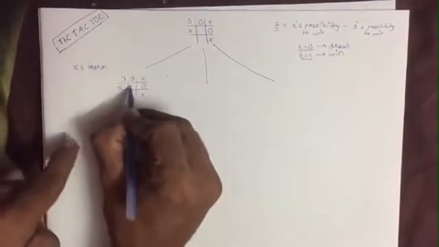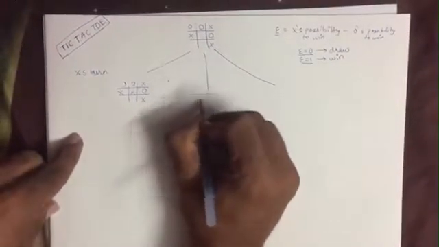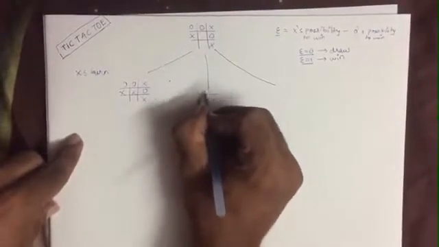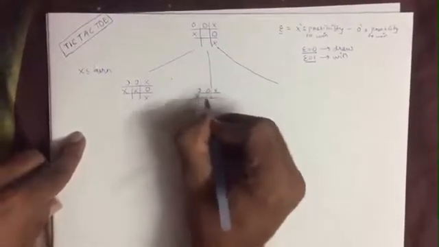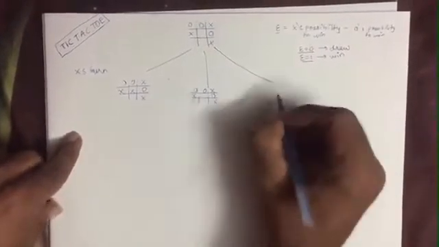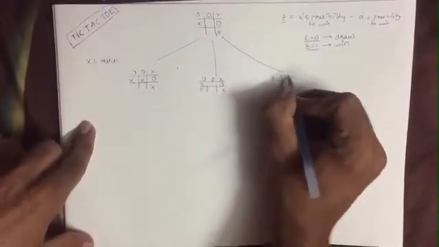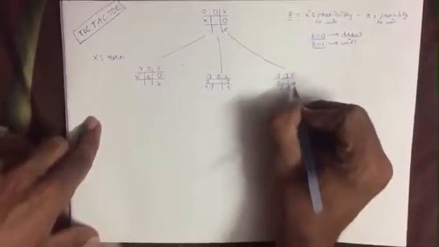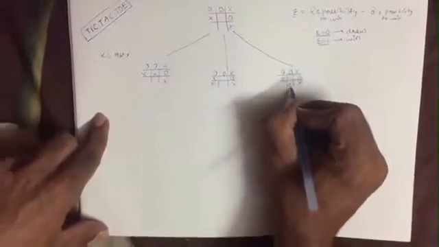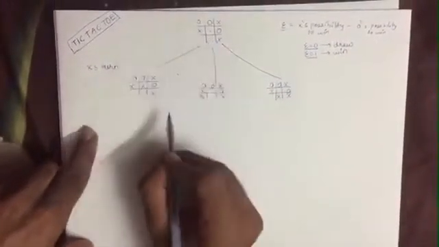So first I will keep X over here. Second I will keep over here. And in third I will keep over here. So these are the three possibilities: first, second, and third.